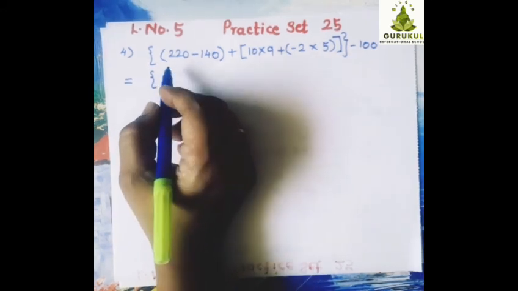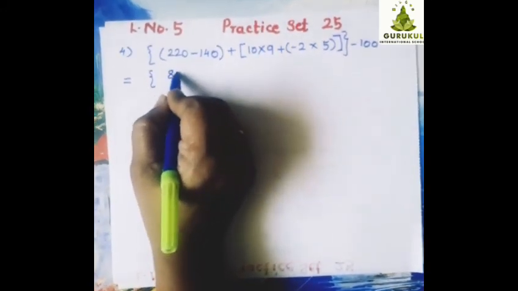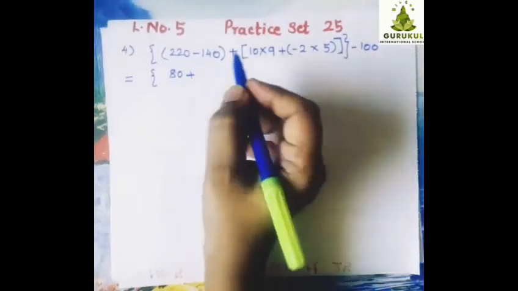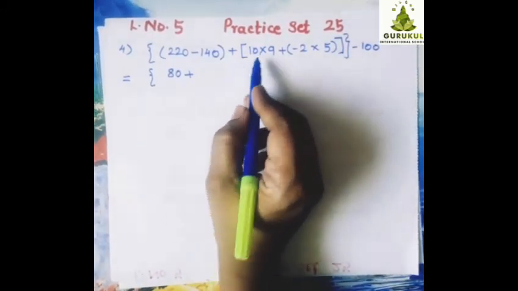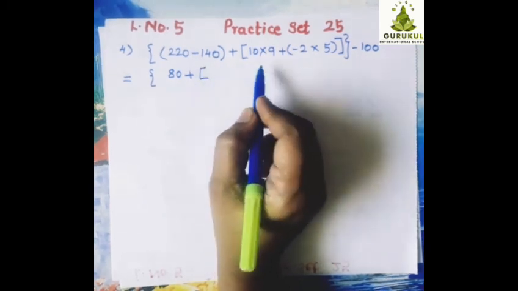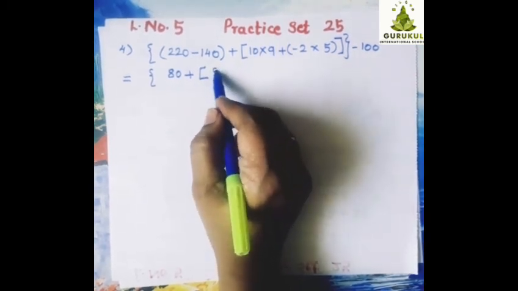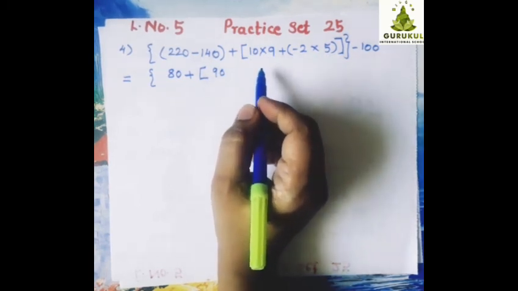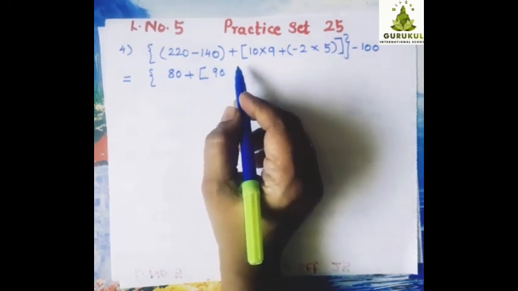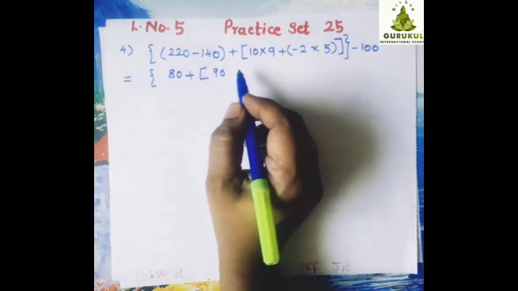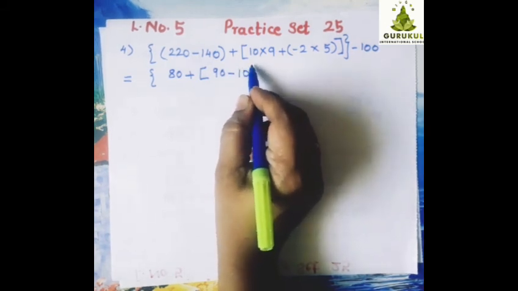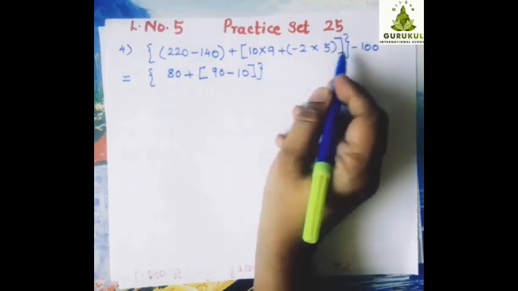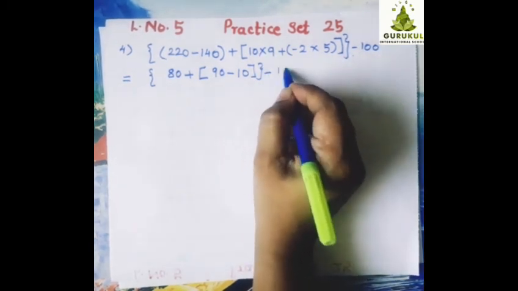So in the bracket, or outside the bracket, you can write 80 plus, then put the square bracket: 10 into 9 is 90, plus into bracket, minus 10. So 90 minus 10. And close the bracket and close the curly bracket, and minus 100 you have to write as it is.